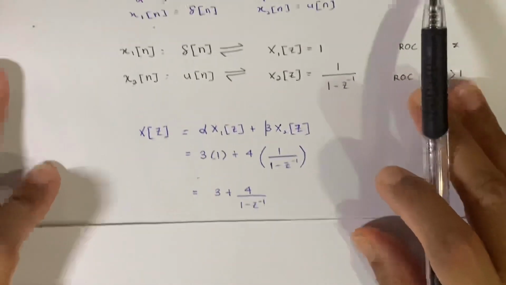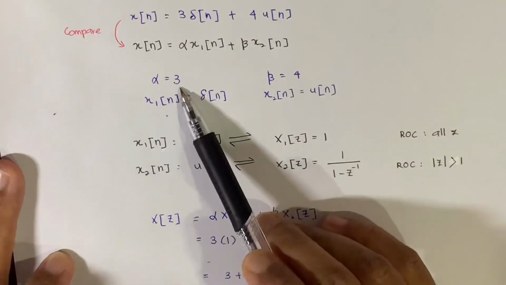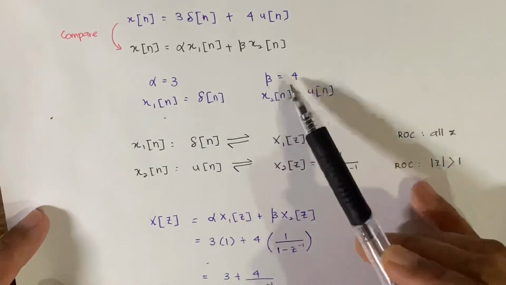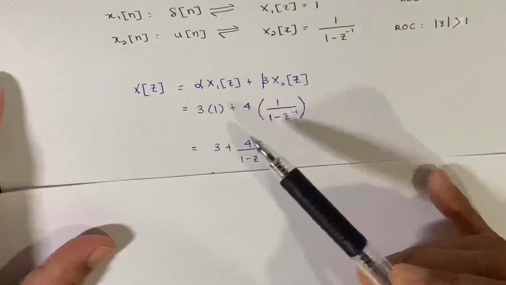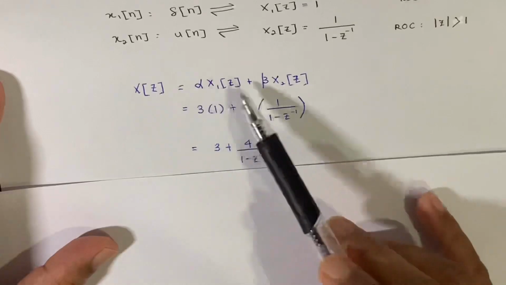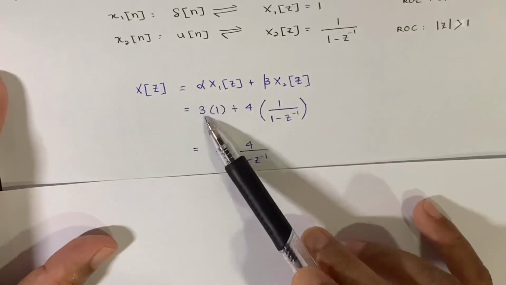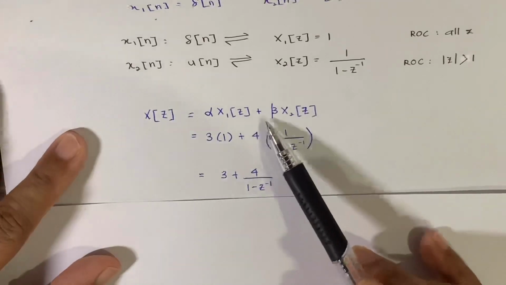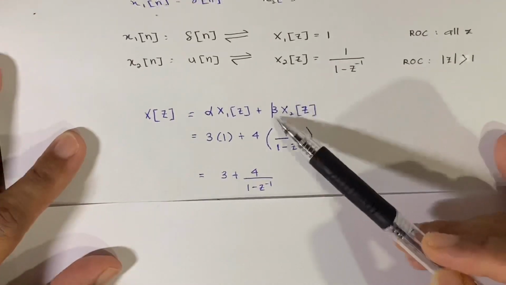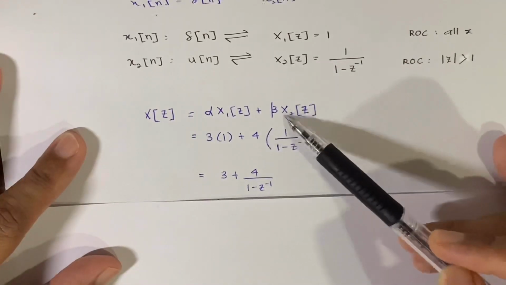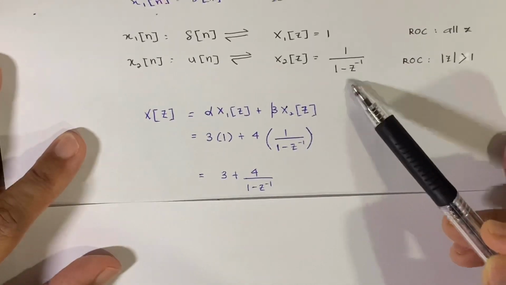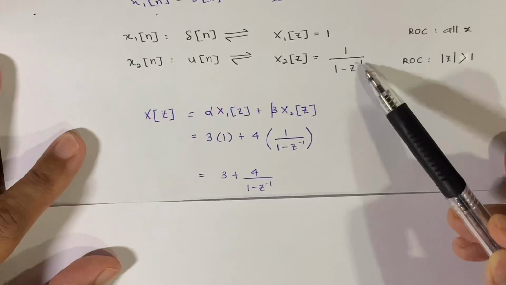We know that alpha is 3 and X1(z) is 1, and beta is 4 and X2(z) equal to 1 over 1 minus z to the power of negative 1.